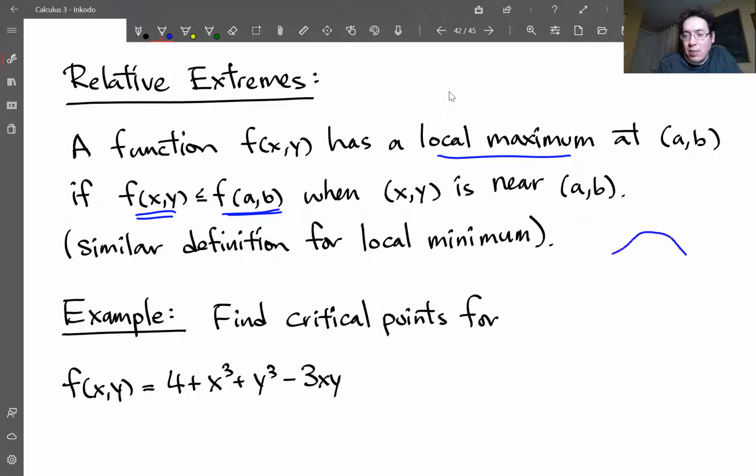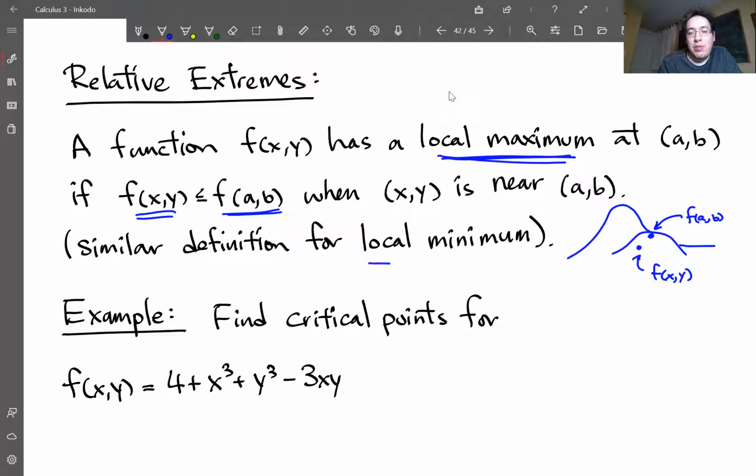Basically, the surface looks like a hill, and the tip is at the height f(a, b), and all nearby points are lower on the hill. When you have a situation like this, we say it's a local maximum. We say local because there could be a higher mountain behind somewhere, but at least when you look close by, it's a maximum.